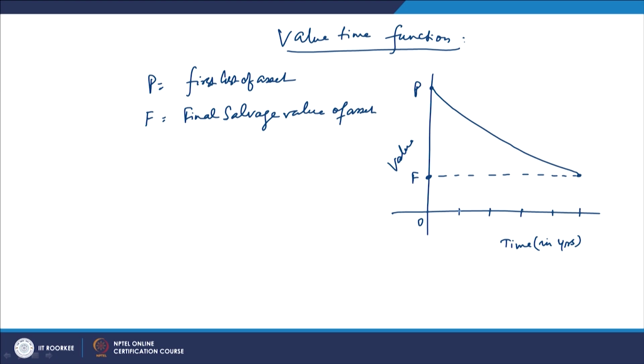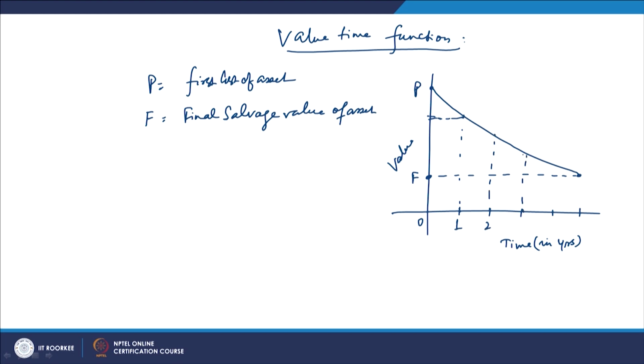If this is a defined graph, at this point this is the value of the asset. This is known as the book value at the end of the first year, and similarly the book value at the end of the second year will be this much, like that.